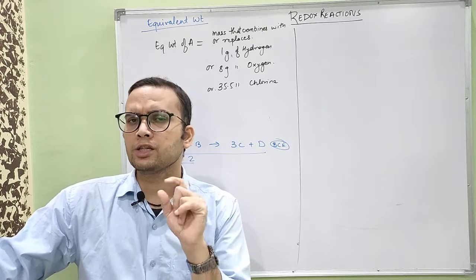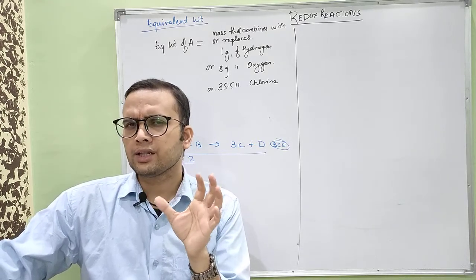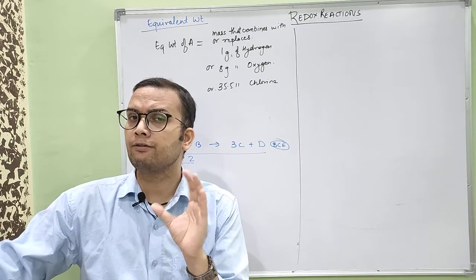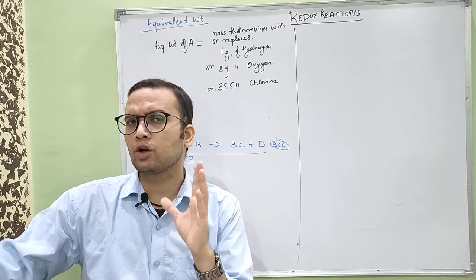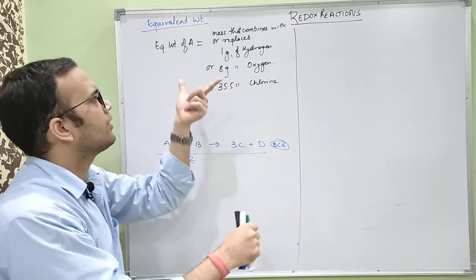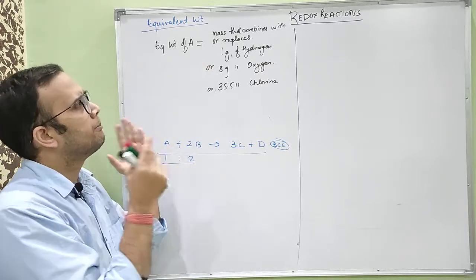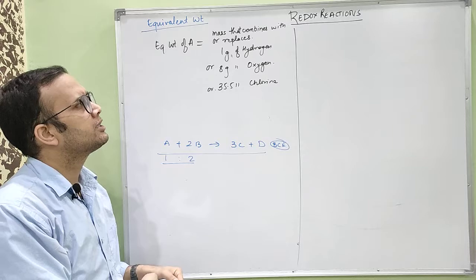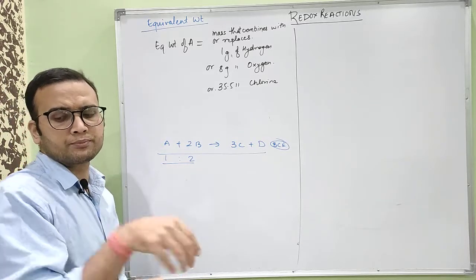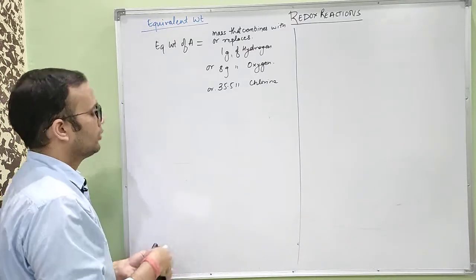If you remember this particular 35.5, 8 grams and 1 gram, this is somewhere you have already seen. You have seen it in valency. So there is some connection of valency over here. I'll tell you a little later. First, write the definition that equivalent weight of any species is the mass of that species which combines with or replaces 1 gram of hydrogen or 8 grams of oxygen or 35.5 grams of chlorine.